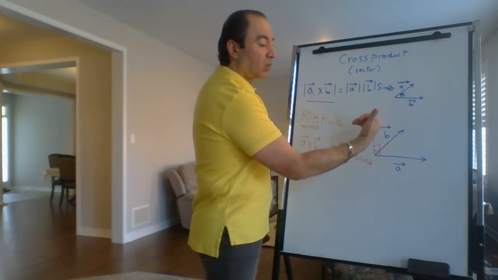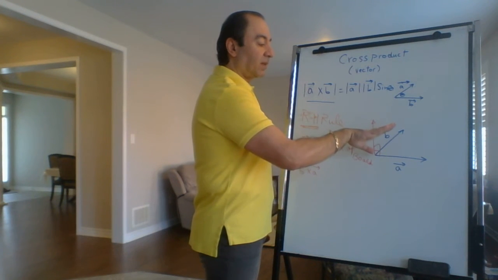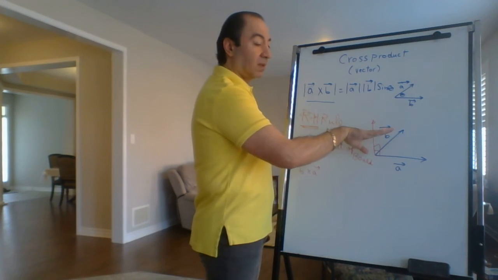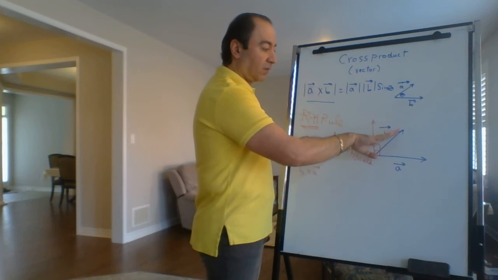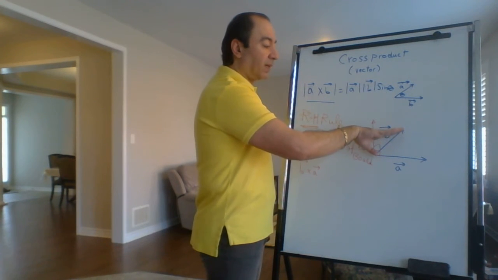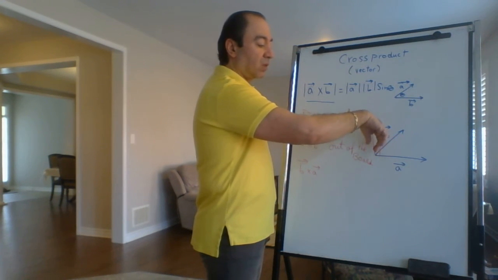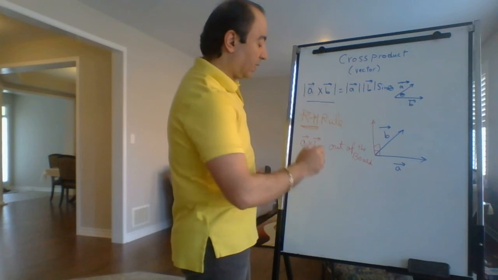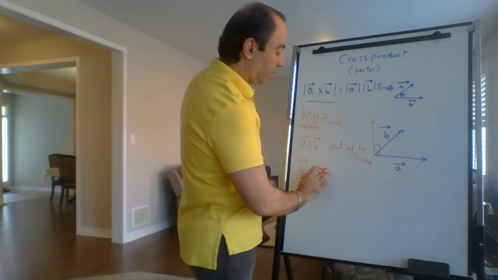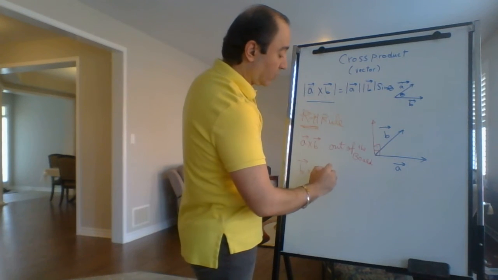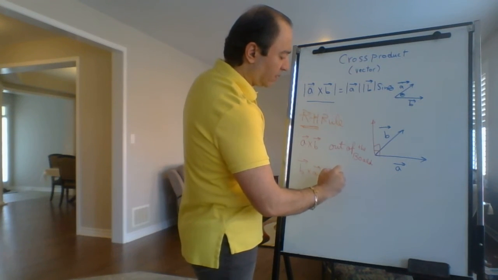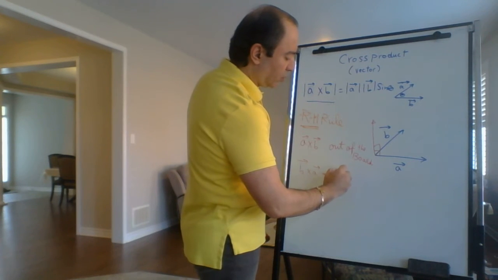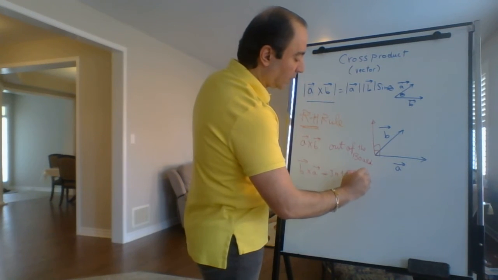So I have to put my right hand in the direction of B, but in this way, so my fingers are going with the arrow, and then I curl my fingers to A. That's easy, and the vector will be into the board.